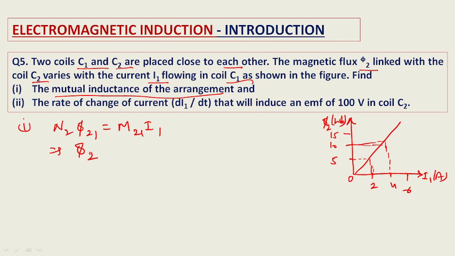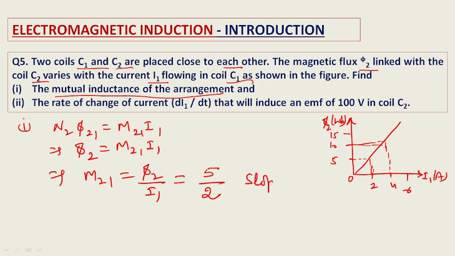Okay, phi 2 will be M21 I1, and from here M21 is equal to phi 2 by I1 we can write. Suppose for the first one we can write phi 2 as 5 by 2. So this will be giving us the slope. So the slope itself will become the mutual inductance. Okay, mutual inductance. So in this way we can find it.